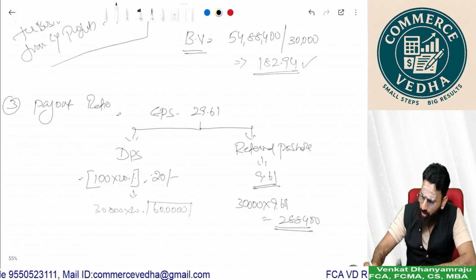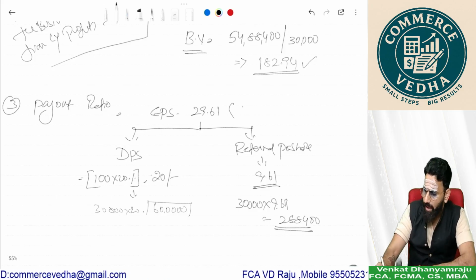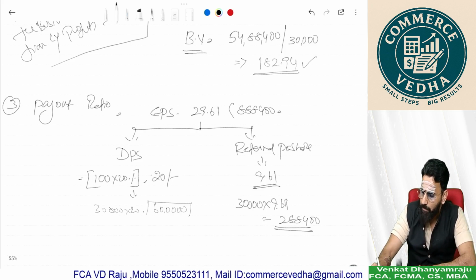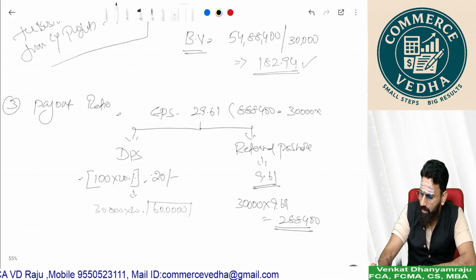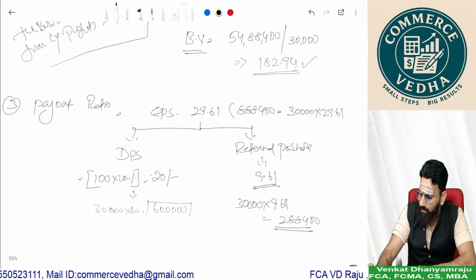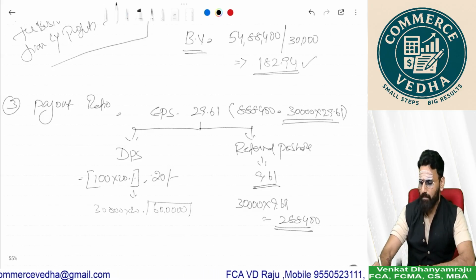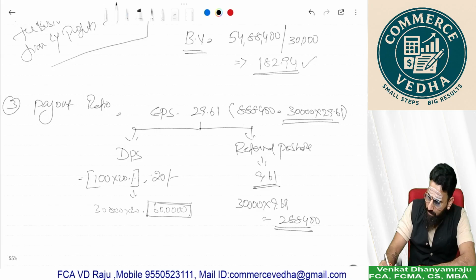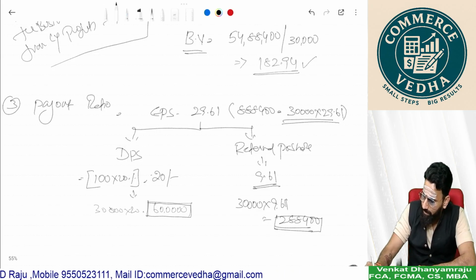So out of 8,88,400, which is a combination of 30,000 shares into 29.61, this is my dividend, this is my retained earnings.